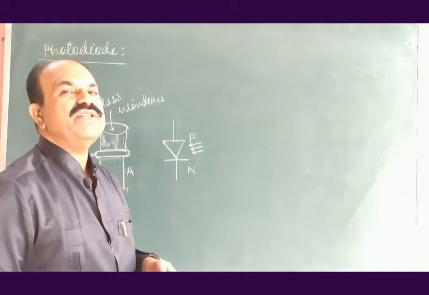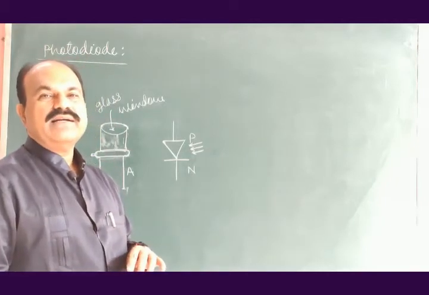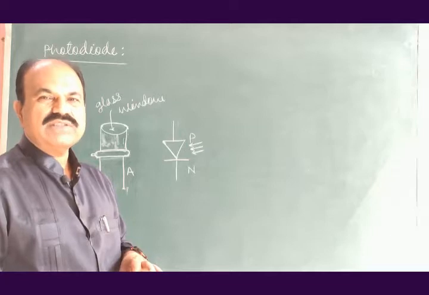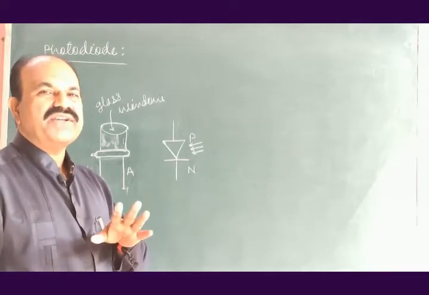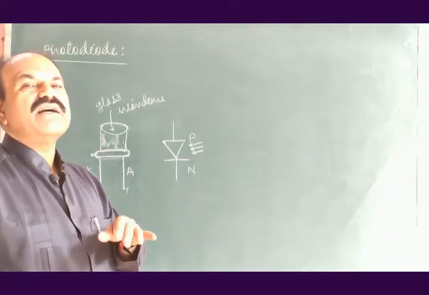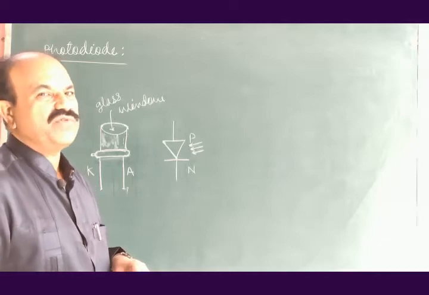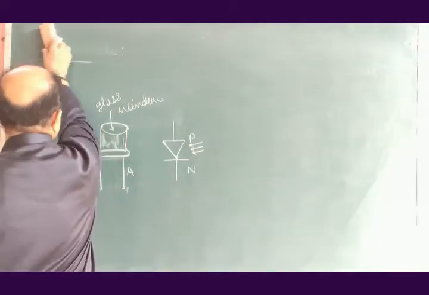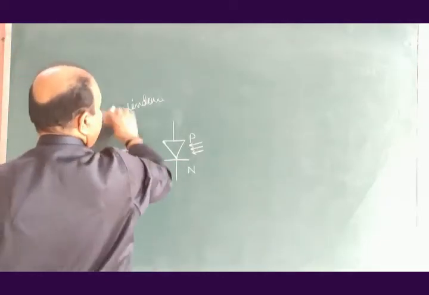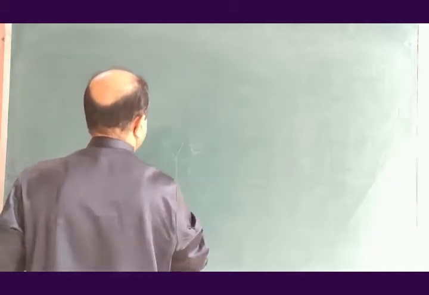Now let us see the operation of the photodiode, and then the VI characteristics and the current-illumination characteristics of the photodiode. The circuit diagram we need is this one.